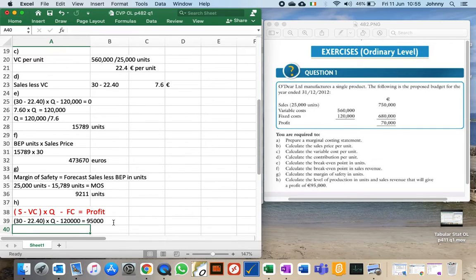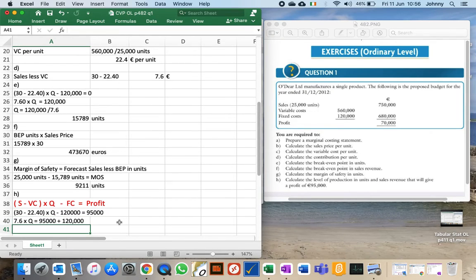So if I just do the maths on this, 7.6 times Q. Bring the 120,000 over the other side and change the sign so it's added to 95,000. So we'll end up with 7.6 Q equals 205,000.